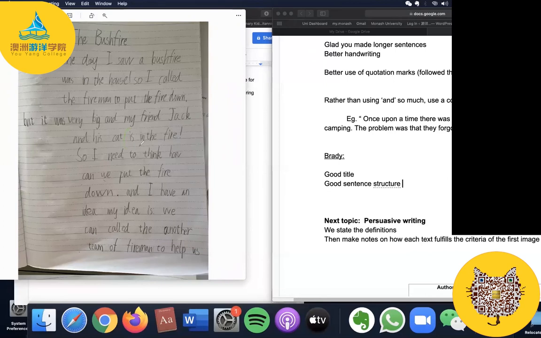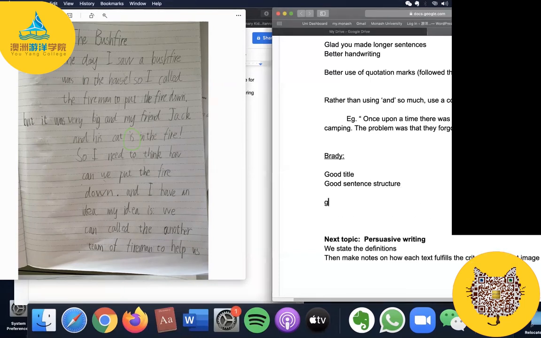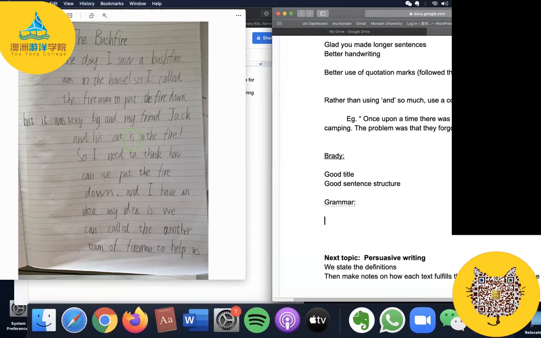This word, what should it be changed to? Hans, what should it be changed to? Are. Mm-hmm. Okay. It could be are.